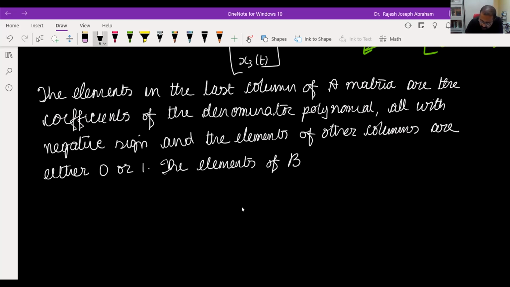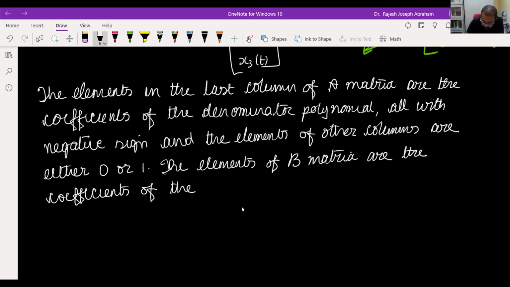Then the elements of the B matrix are the coefficients of the numerator polynomial of the transfer function.